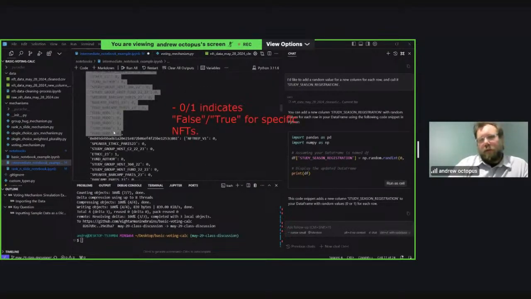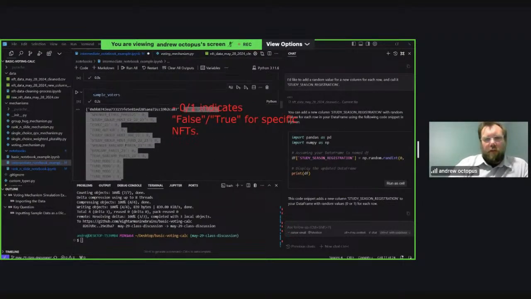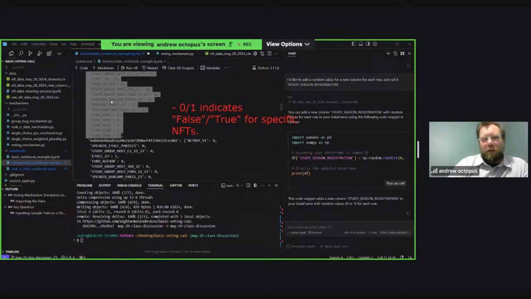And then it's just repeated that way for each voter. And I've called that something, I think. Oh, that was sample voters.